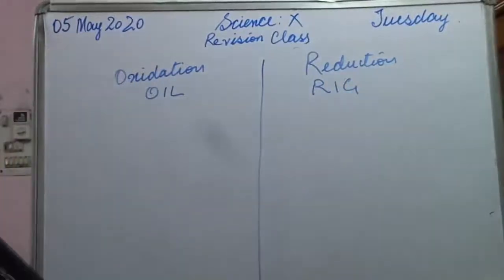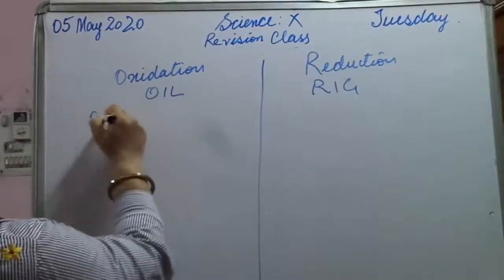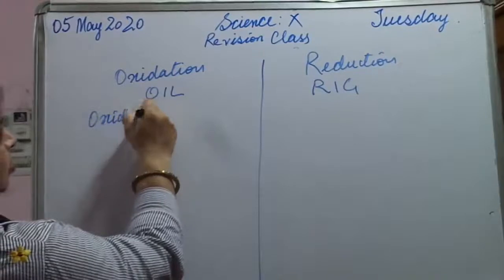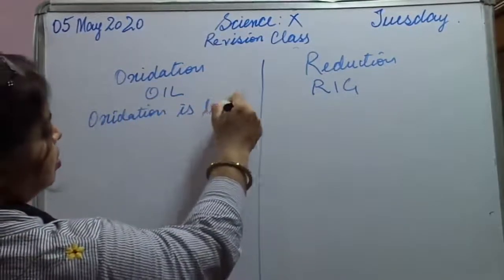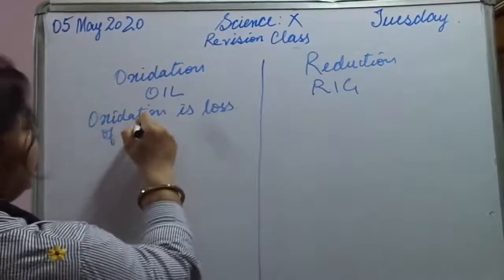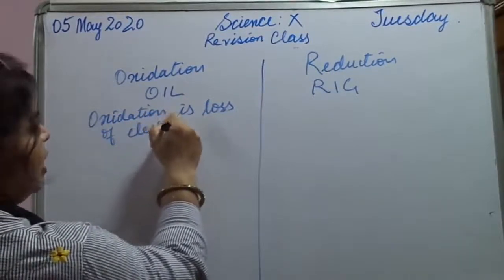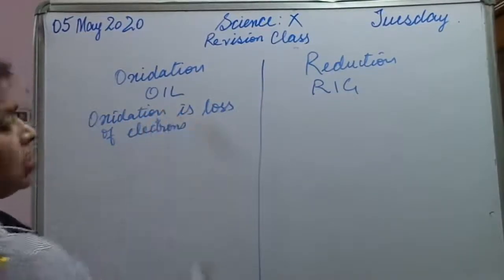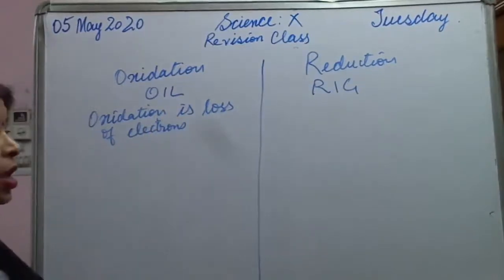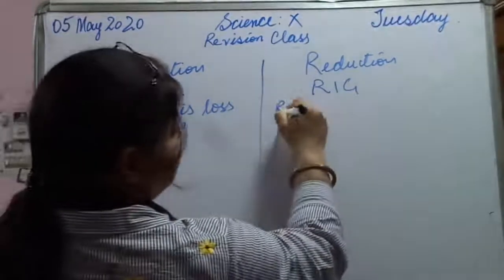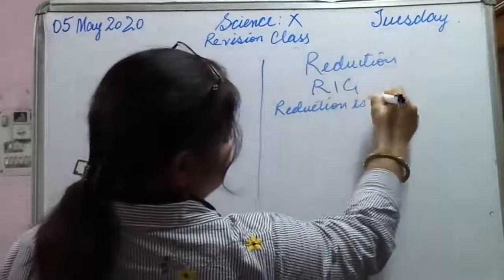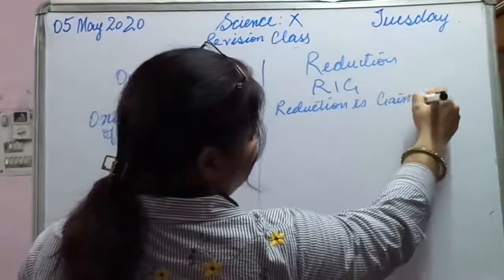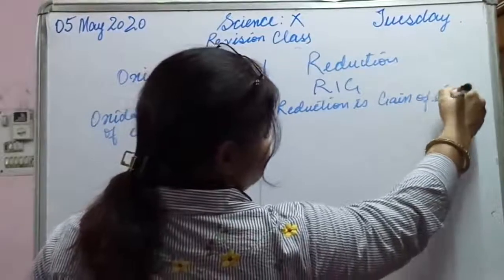Okay, what does it mean? Oxidation is loss of electrons. If electrons are being lost, then we say oxidation is taking place. And reduction is gain of electrons.